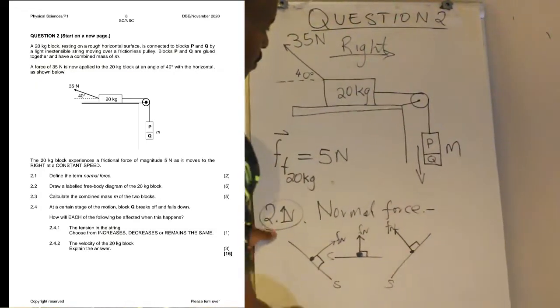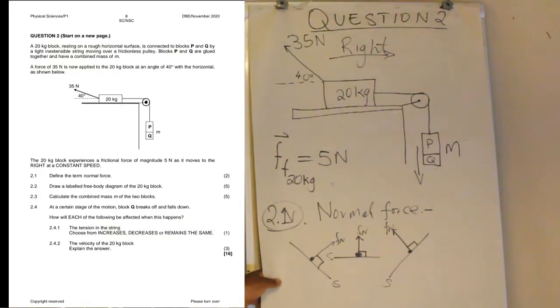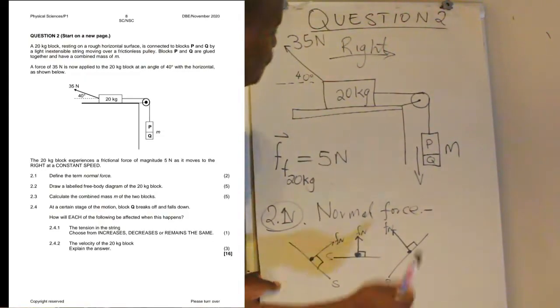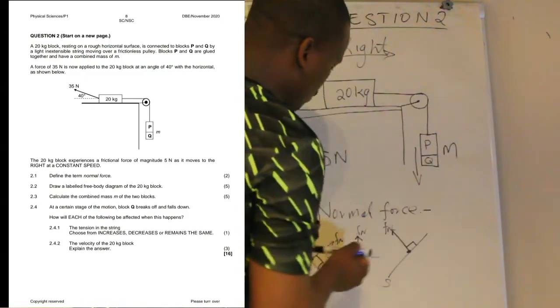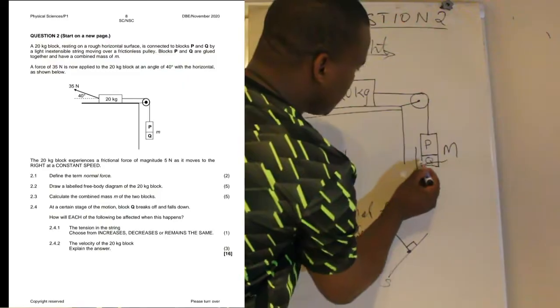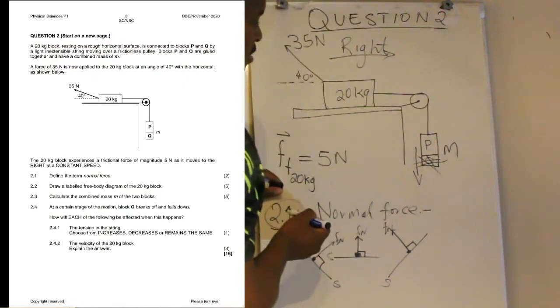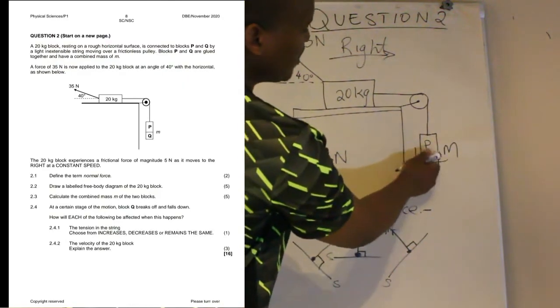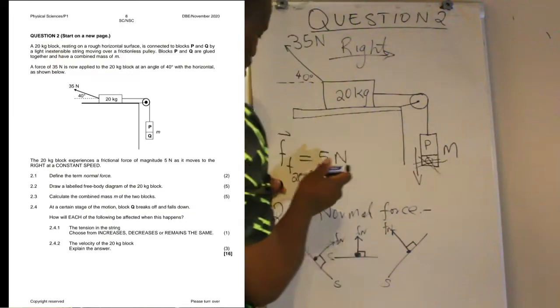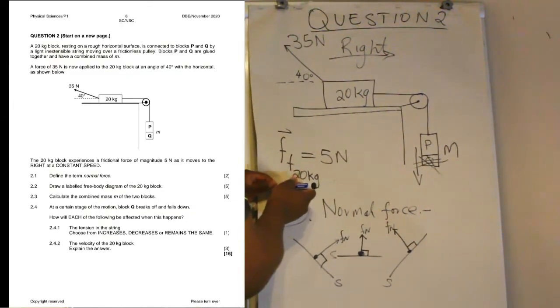So what they're saying now is that this block is breaking off. It's more like we are removing this block here at a certain stage. You are left with P only, which means now the mass of this unit is becoming smaller at this point.